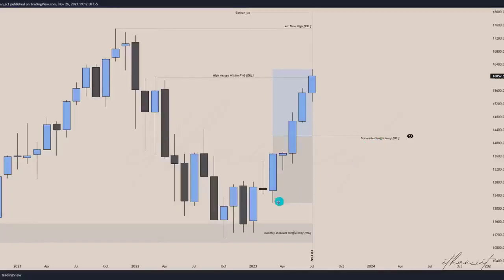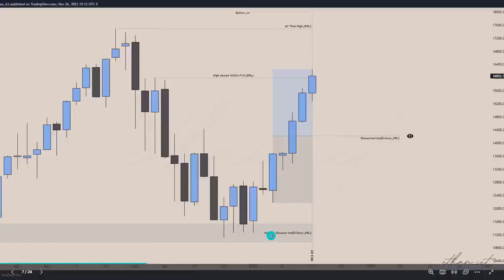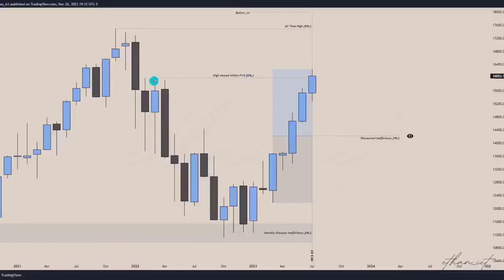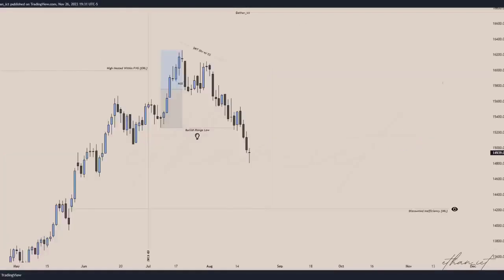So once again, price trades from internal range liquidity to external range liquidity. And here we have another high right here, which I classify as external range liquidity, and we're looking for internal range liquidity, which would be this drawn liquidity right here.